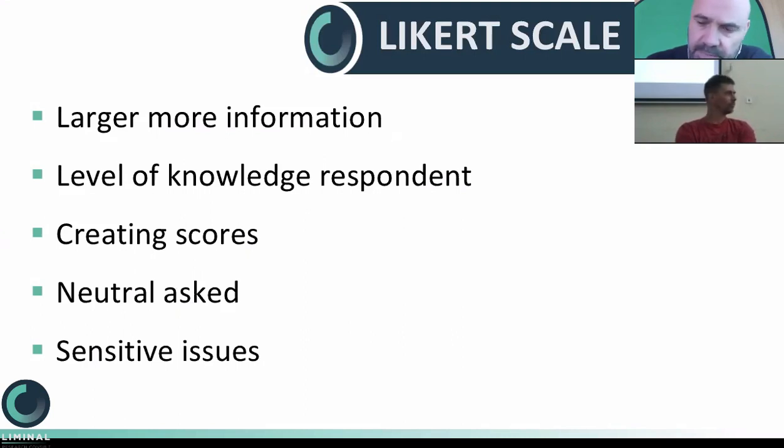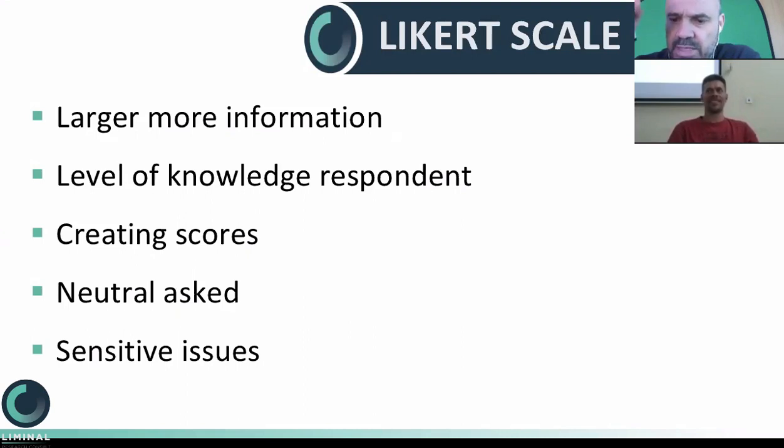They say neutral. How do you interpret that? More or less, the person doesn't know. He's sitting between them. Okay, but remember, you don't want to ask people their opinion about something they know nothing about.